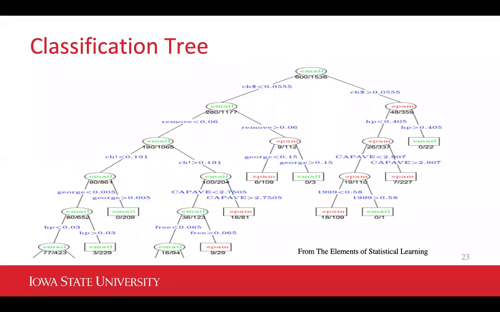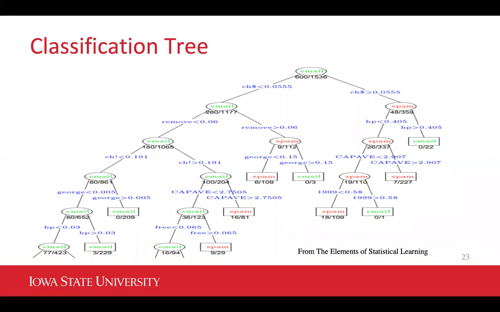Okay, classification tree. The idea is different from LDA and also from support vector machine. What we do is start from the full data and try to separate it by each variable, such that the misclassification in each of the subclasses is the smallest.